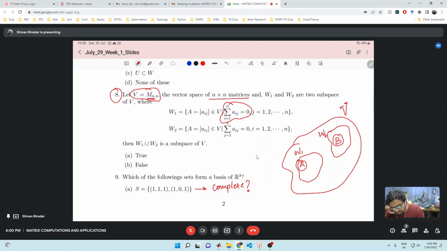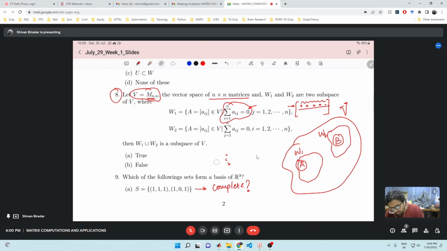So basically, what they are telling is that, if you have elements like this, I'll add all these elements in a row. I'll call this the row sum. What is this property saying? If I have elements like this, I'll add all these elements. So the row sum here is 0 and the column sum here is 0.